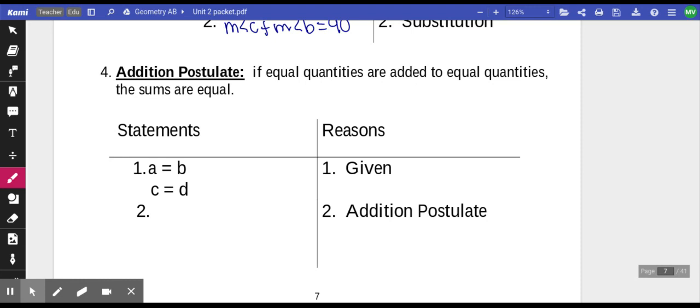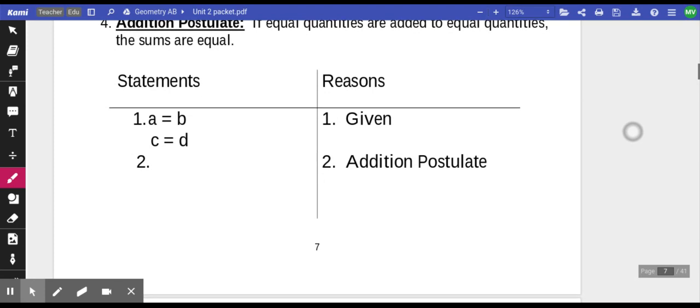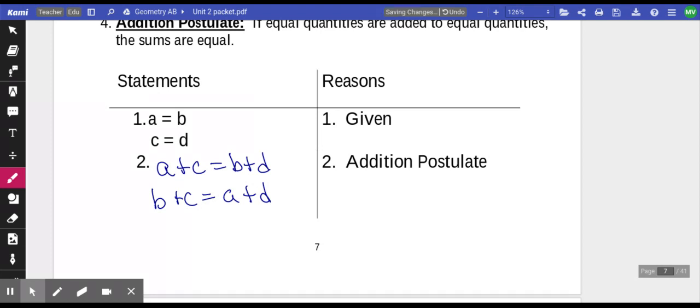You have to have two statements, such as A equals B and C equals D. And we can add these two together and say A plus C is equal to B plus D. You could also add them together and say that B plus C is equal to A plus D, because we could use the symmetric property, which you're never going to have to write in a proof, to flip A equals B to B equals A, because if two quantities are equal, they're equal.